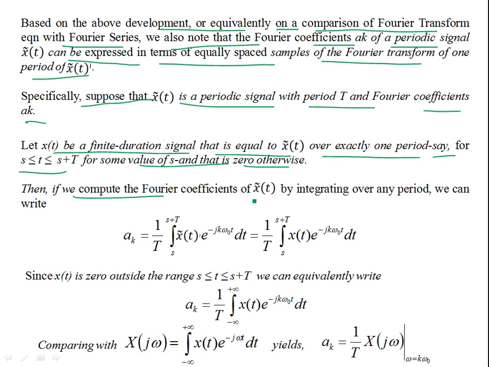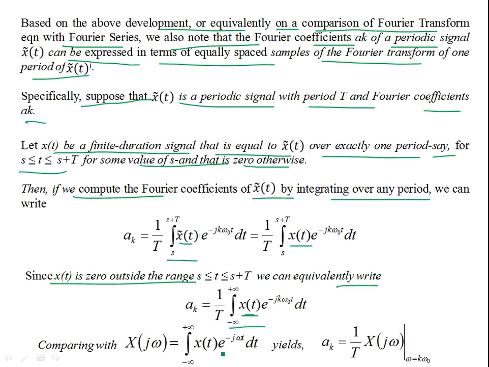If you compute the Fourier coefficients of x tilde(t) by integrating over one period, then x tilde(t) corresponds to x(t) in one period. Since x(t) is 0 outside the range, by the same reason we can express the integration from minus infinity to plus infinity, because x(t) only exists over the same time period as one period of x tilde(t).